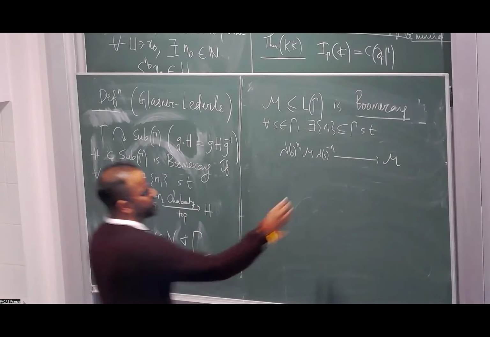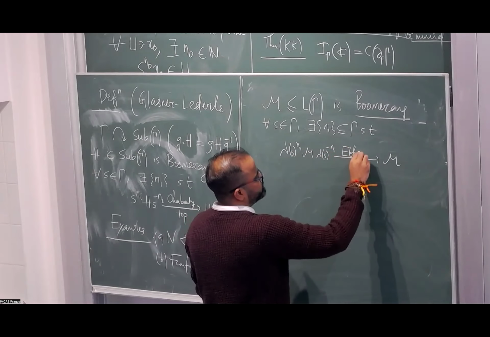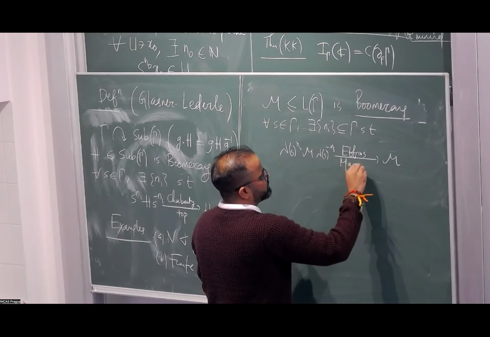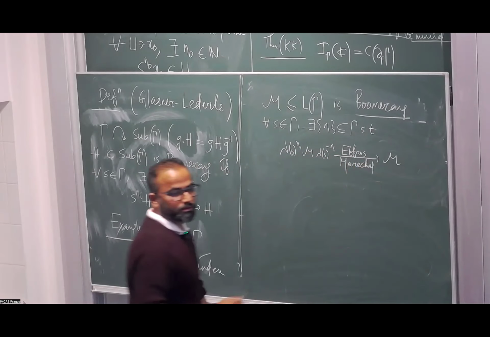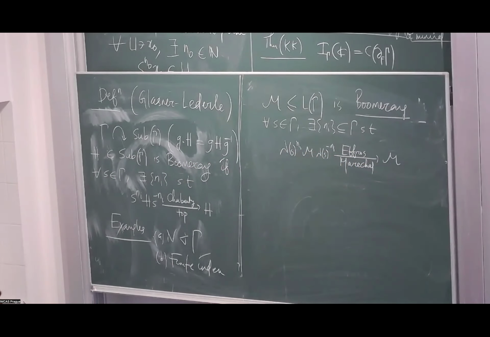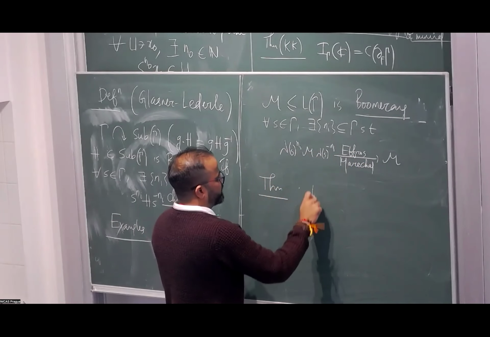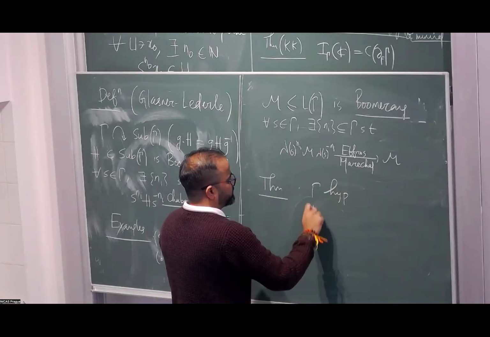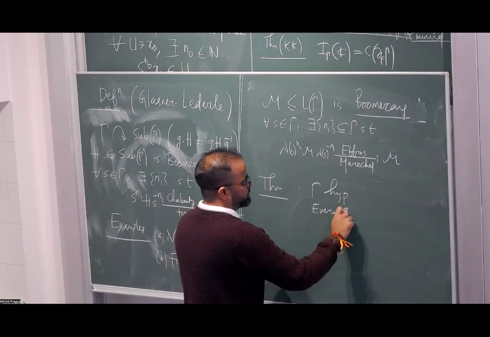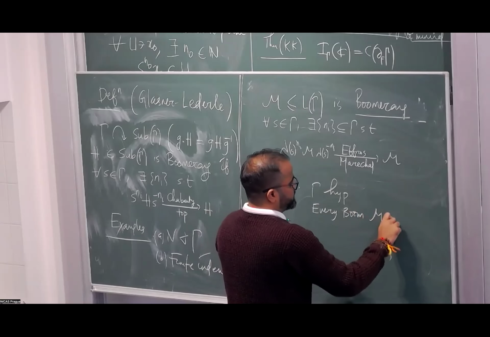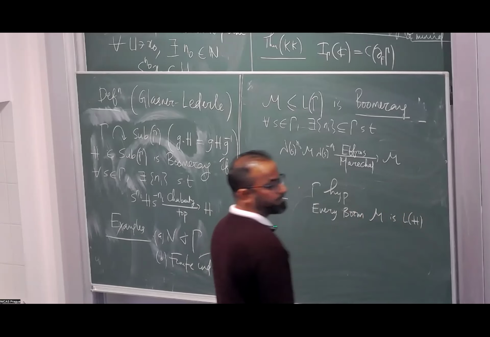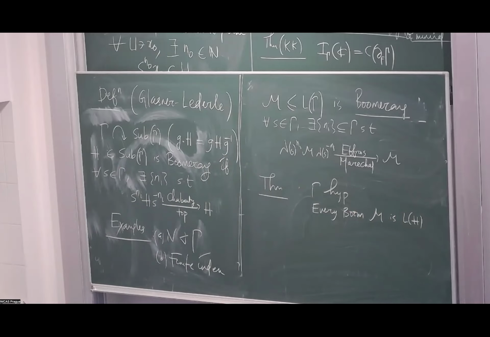You have to take the appropriate topology, though, this is the Frost-Maré topology. So you get closer and closer to the same under the conjugation action. And you can prove that if gamma is hyperbolic, then every boomerang M is actually L of H. Even if you get closer, you can still show that it comes from a subgroup.